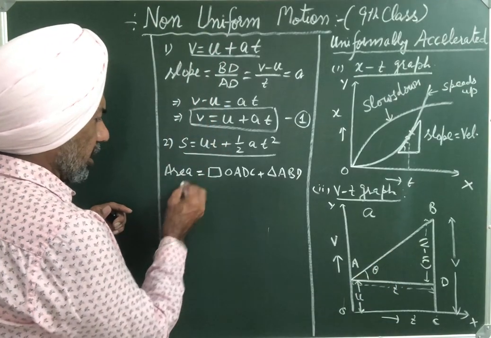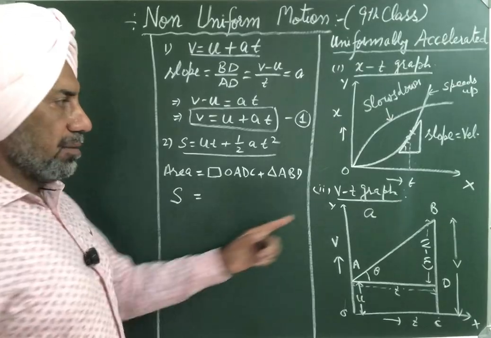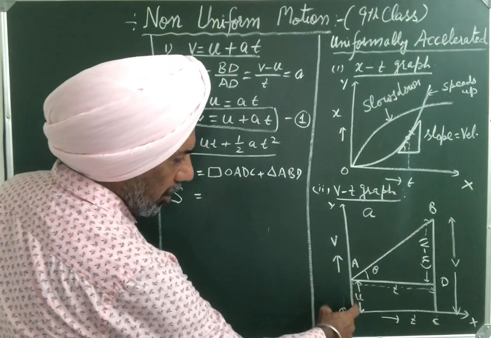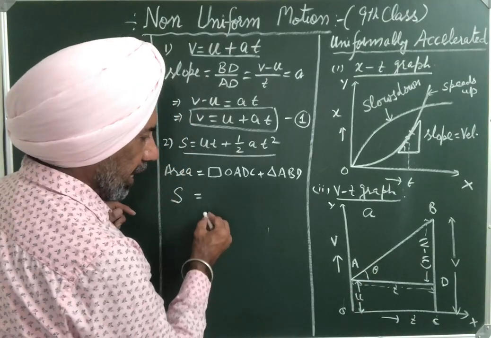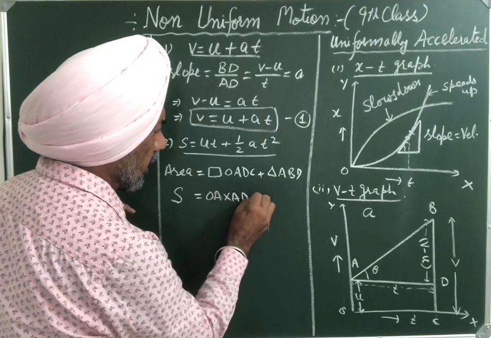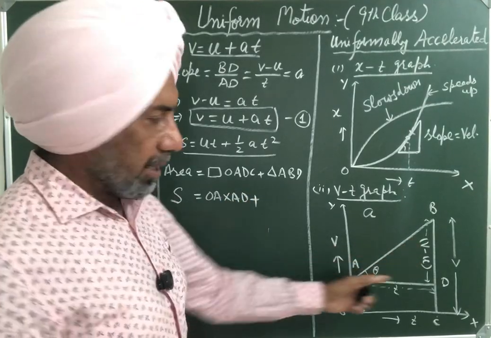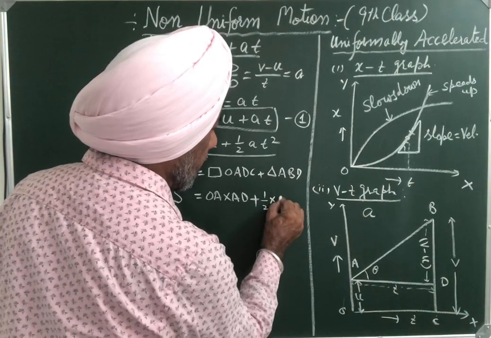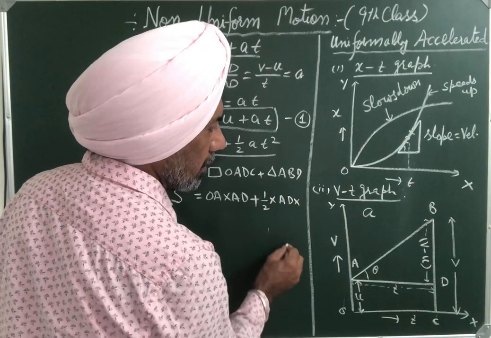Now, area under straight line by definition is equal to distance covered S, and area of rectangle will be OA into AD, plus area of triangle is half base into height, base AD into height BD.